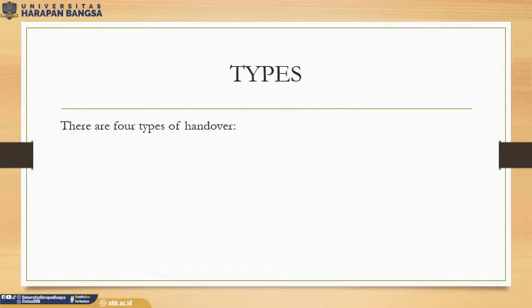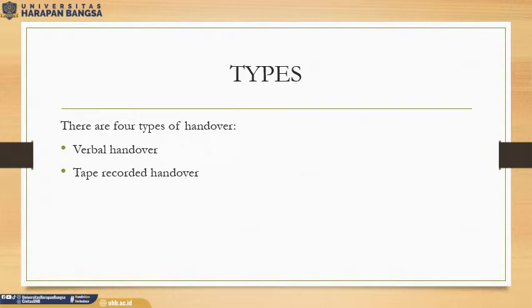Now we move to the types. There are 4 types of handover. The first, verbal handover, or we can say it is face-to-face or oral handover. So it is directly reported. And the second is tape recorded handover.